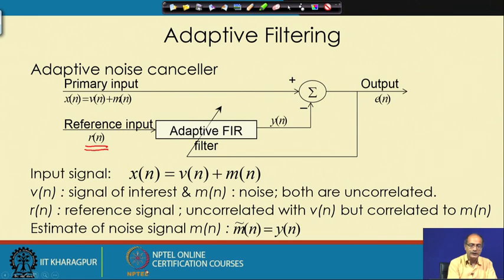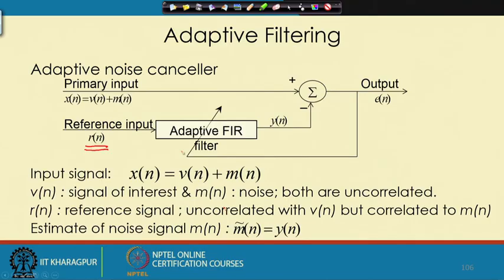For example, if the noise here is the power frequency hum, in that case we can take the reference from the power line, because power frequency hum would be related to the power supply voltage, which we can directly take from that power supply.